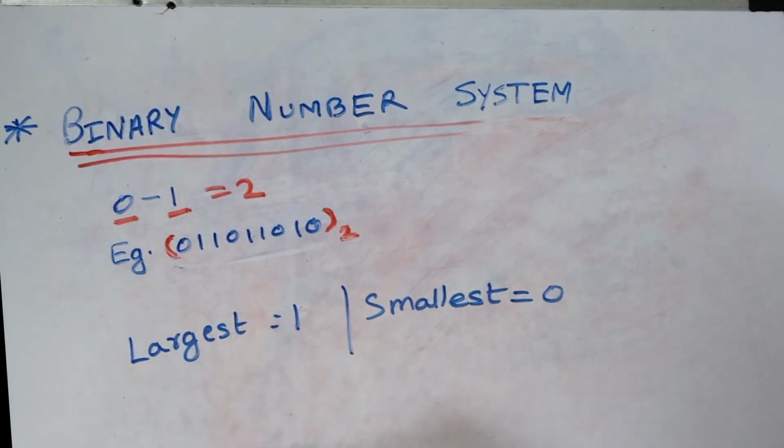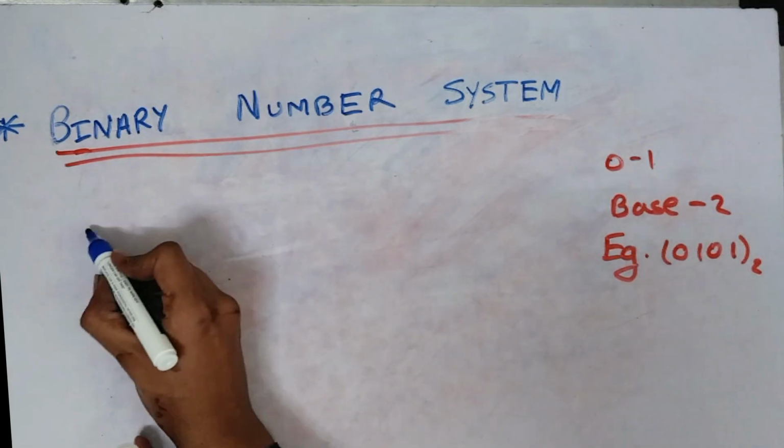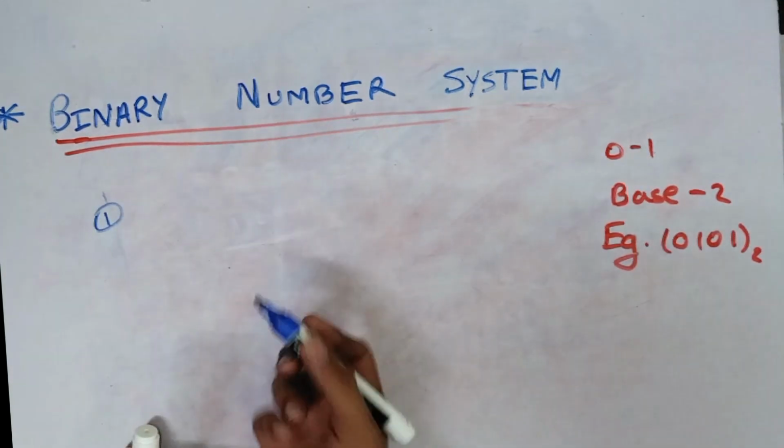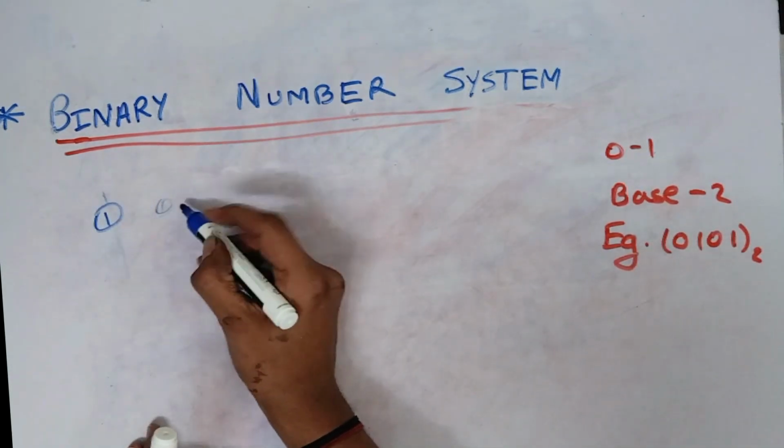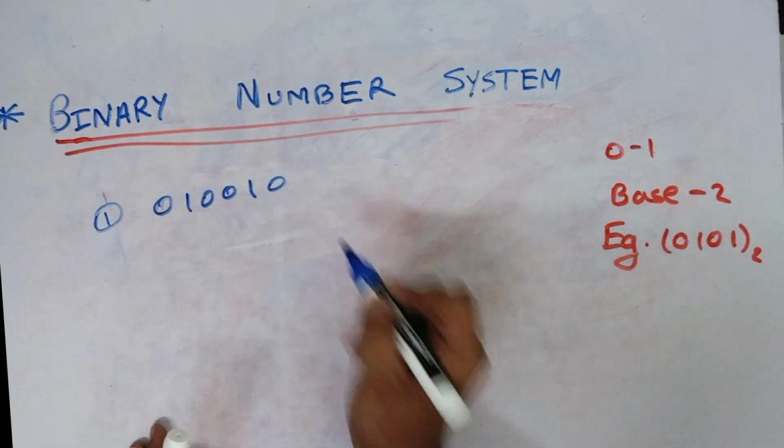Like in the case of the decimal number system, here also we can represent the binary number in the powers of 2, because the base is 2. Now let us take a simple example for our understanding. Our first example: 0, 1, 0, 0, 1, 0.